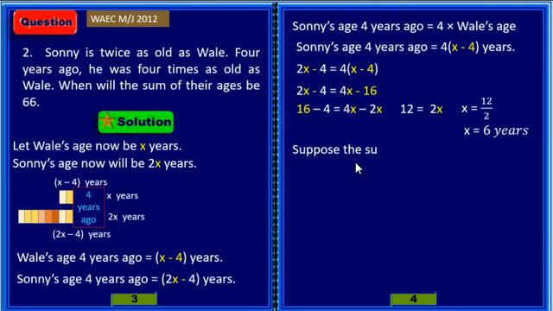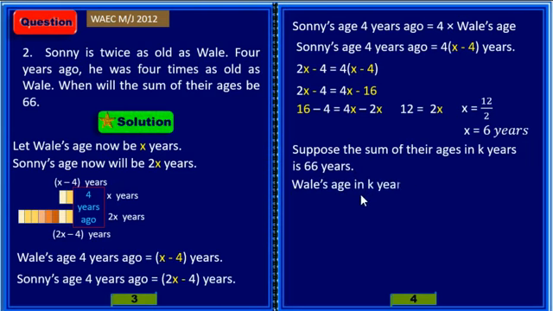Now, suppose the sum of their ages in k years to come is 66 years. It means Wale's age in k years' time will be 6 plus k years, and Sonny's age in k years' time will be 12 plus k years.